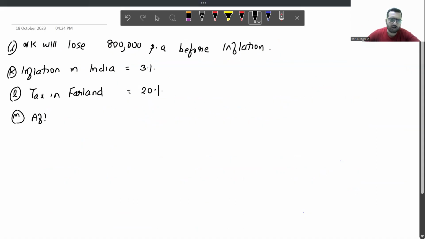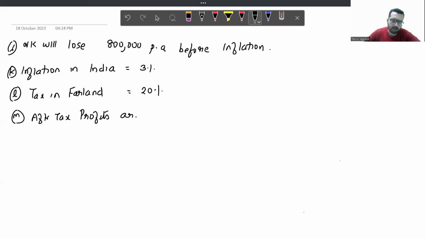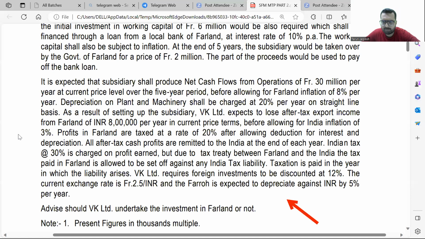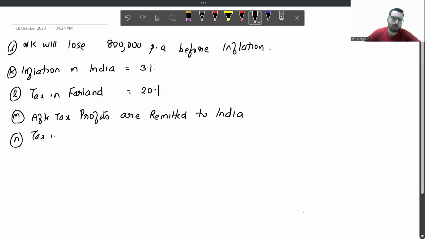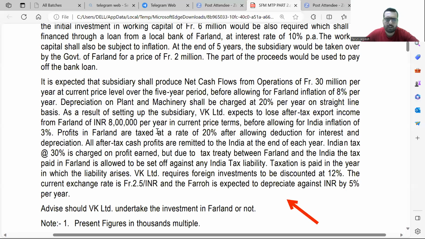Okay. After-tax profits are remitted to India. Now once it's remitted to India, Indian tax is 30%. So now double taxation is happening. Let's see what remedy they have for that. Tax on profit, but due to a tax treaty between Farland and India, the tax paid in Farland is allowed to be set off.